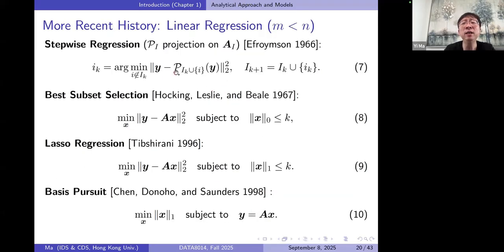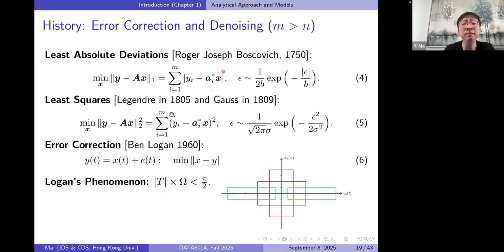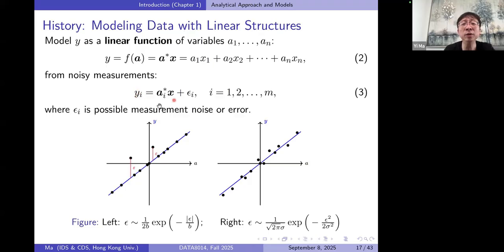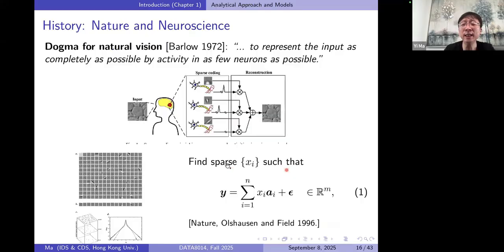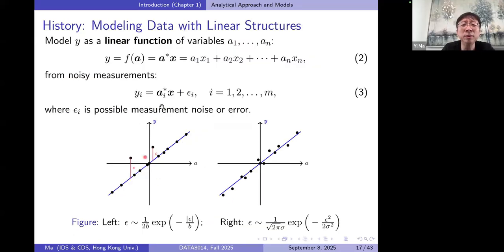Very often they want to pick as few columns of A as possible to regress Y. This is exactly inspired by what our brain is doing. If we see a picture, we could use all our neurons and of course regress the signals very well, but that's very wasteful. We want to use as few neurons, as few regressors, as possible.